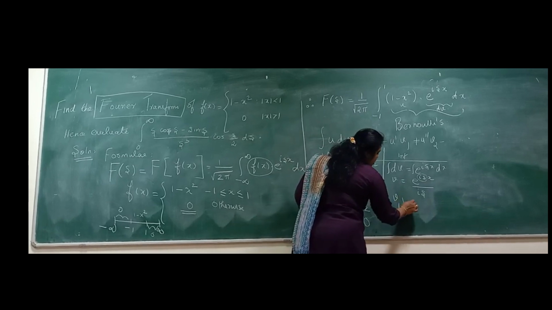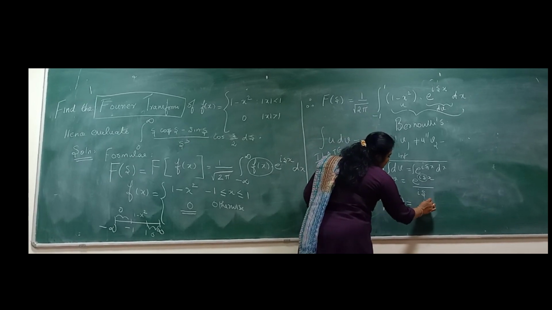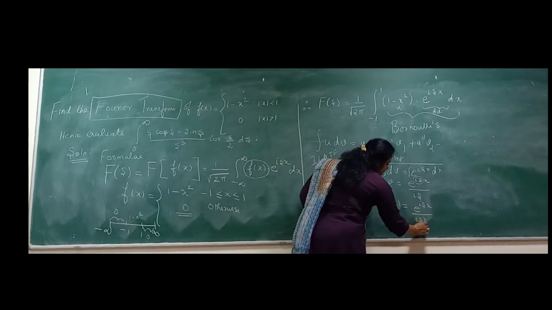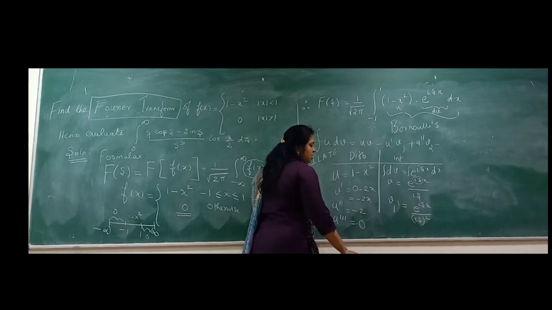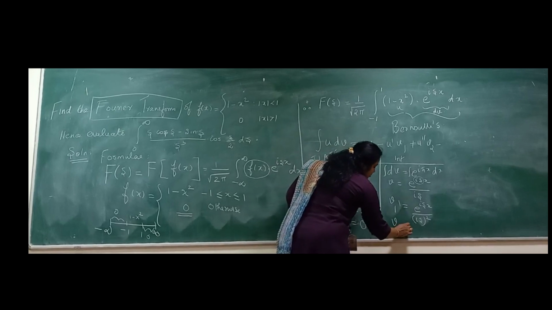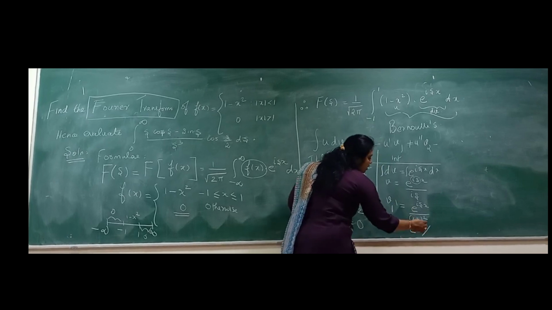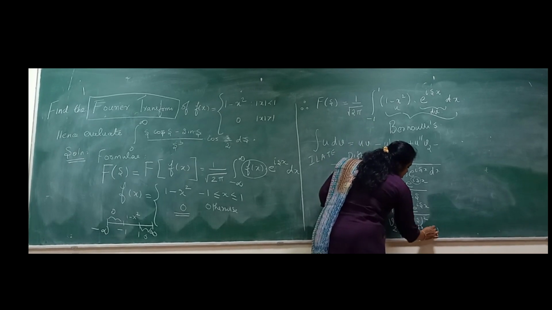Similarly, v1 is e to the power i s x divided by one more term multiplied, so it will be i s the whole square. Similarly, v2 is e to the power i s x divided by i s the whole cube.